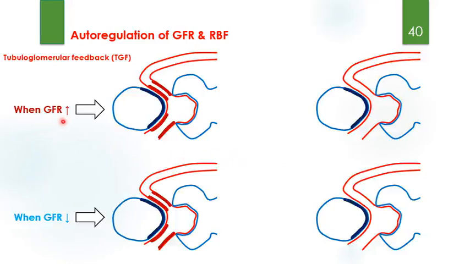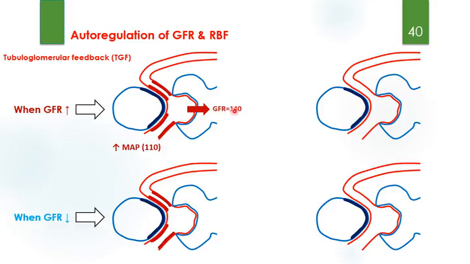When GFR is increased for any reason, for example, due to increased mean arterial pressure due to acute hypertension, from, for example, 95 millimeters of mercury to 110, the GFR will increase initially, for example, from 125 to 140.